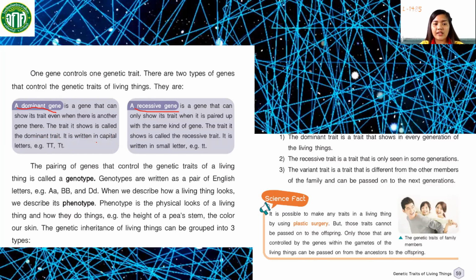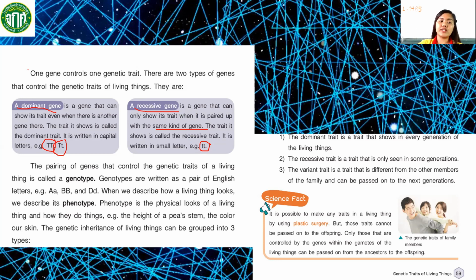It is written in capital letters, for example T, T, and like this. And then we also have a recessive gene. This is a gene that can only show its trait when it is paired up with the same kind of gene. The trait it shows is called the recessive trait. It is written in small letters. An example of this is like this.